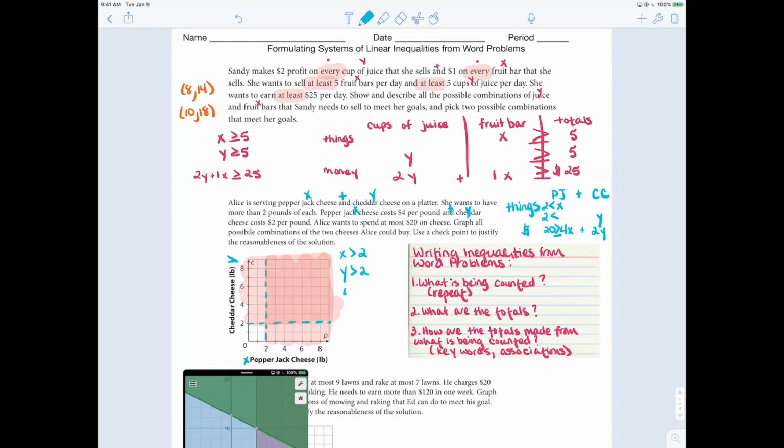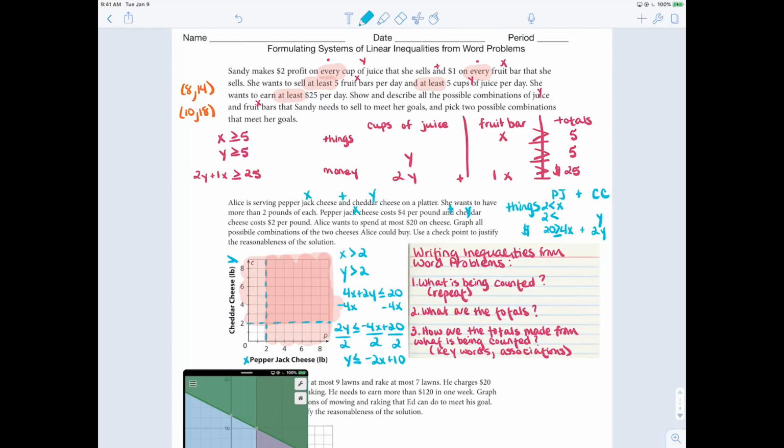We have 4x plus 2y is less than or equal to 20. Subtract 4x from each side, we get 2y is less than or equal to negative 4x plus 20, divided by 2. And if I divide one thing, I have to divide everything. And I get y is less than or equal to negative 2x plus 10.